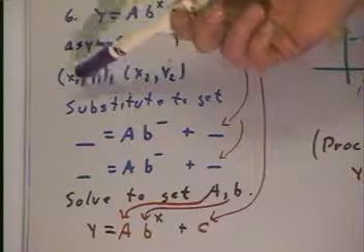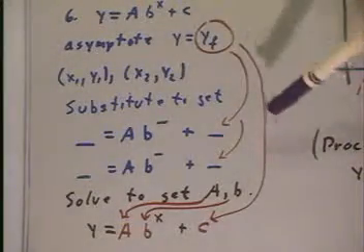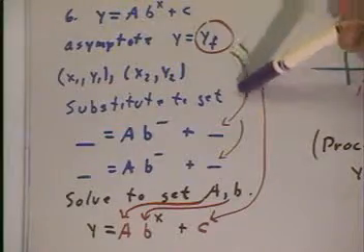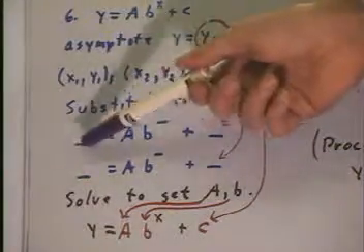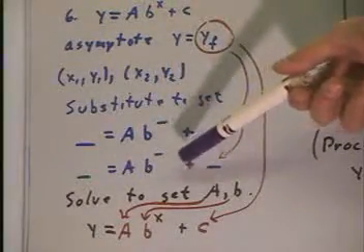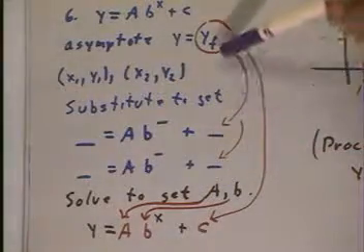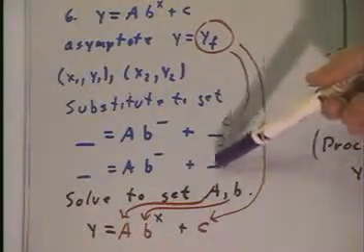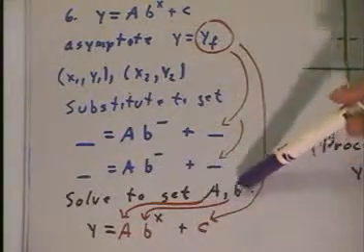When we take our data points and substitute them into the form y equals a b to the x plus c, that's what's going to substitute for c. Of course, x1 and y1 will substitute here, and x2 and y2 will substitute here. yf will substitute for c in both cases. Then we solve these equations to get a and b.